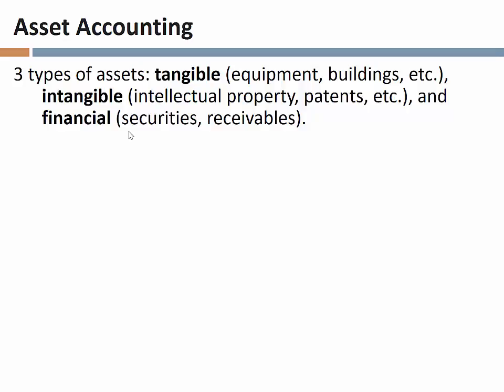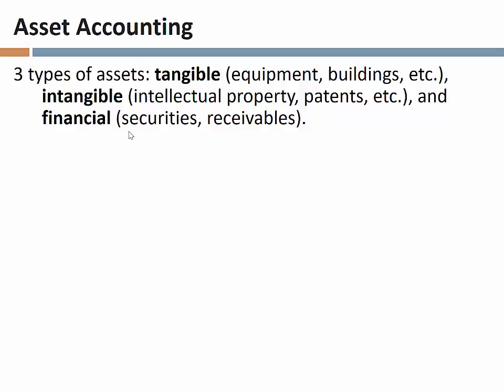Tangible assets are things that you can touch: equipment, building, furniture, things that have a physical presence to them. Intangible things are things that might be memorialized in documents, for example, but the real item of value doesn't have a physical presence, like a patent, for example.